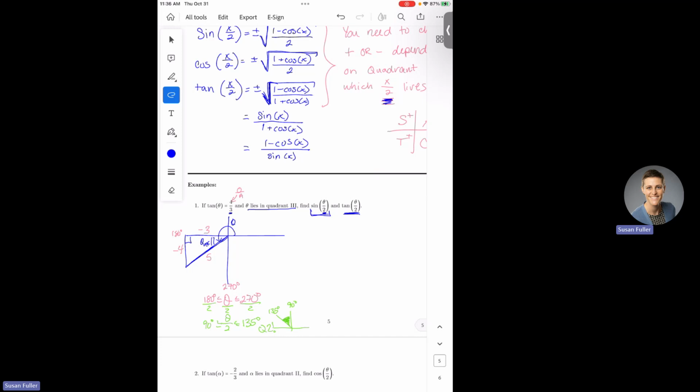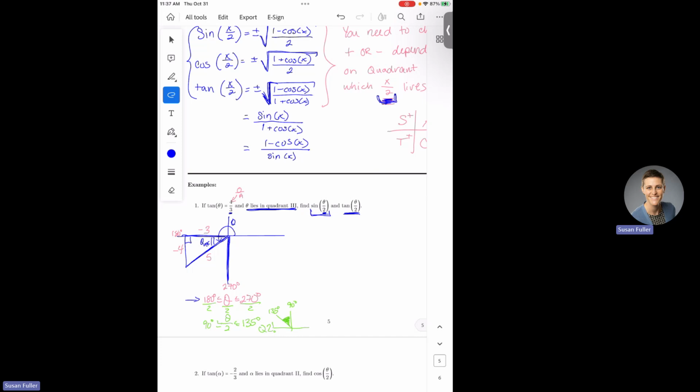For sine, now, since I know that theta is in quadrant 3, I know that theta has to be between 180 degrees here and 270 degrees down here, right? It has to be in there somewhere because it lives in quadrant 3. But to pick our pluses and minuses from these formulas up here, you need to know the quadrant where theta over 2 lives, right?